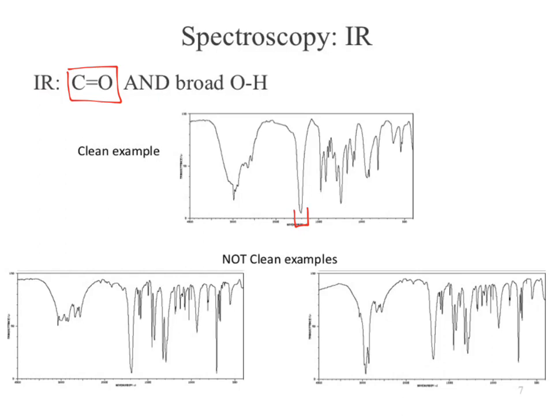You're looking at a signal for the carbonyl showing up anywhere from 1730 to 1650. That's 5 to 6 different functional groups for a carbonyl showing up in less than 100 inverse centimeter difference.